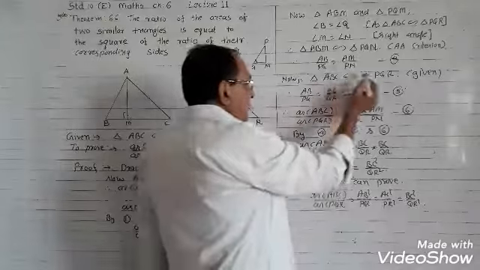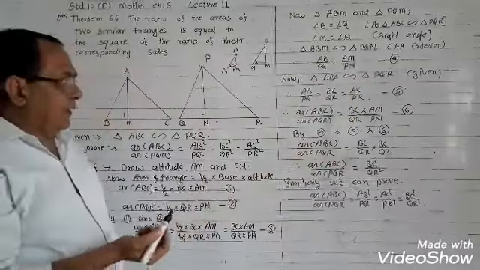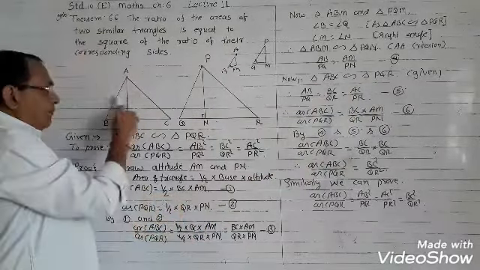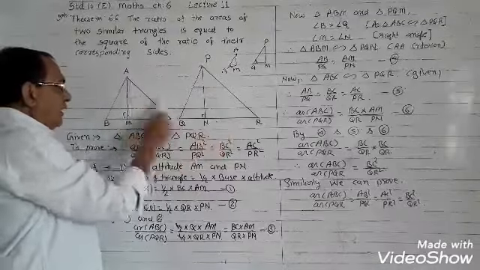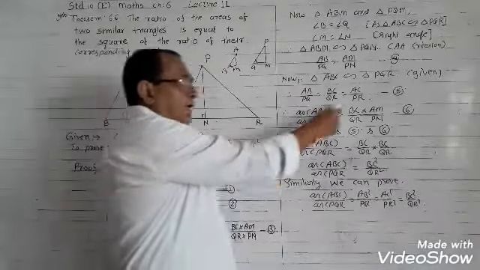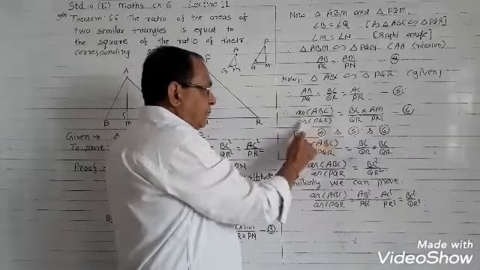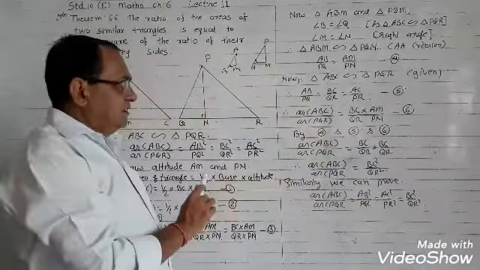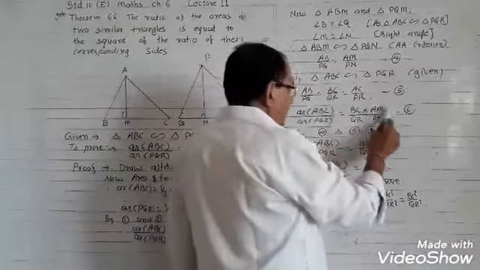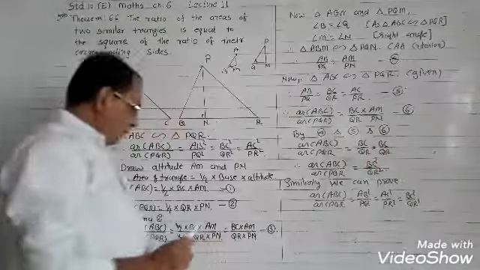Now triangle ABC is similar to triangle PQR. Therefore AB upon PQ, BC upon QR, AC upon PR are equal. Simple. Therefore area of ABC upon area of PQR is equal to BC upon QR into AM upon PN.